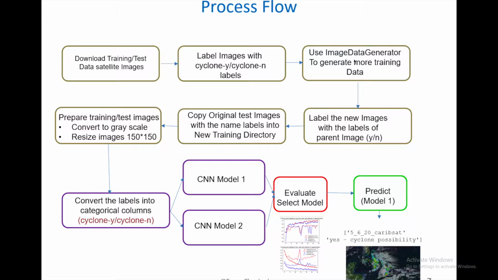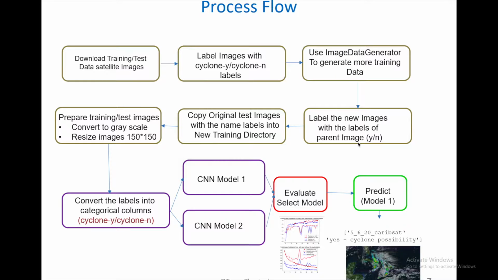I used the image data generator to build more data out of the existing training data, and by different scaling approaches and different zooming approaches, using three different iterations per image, generated multiple images and moved them over to a new folder, and these images carried forward the labels of their parent images.